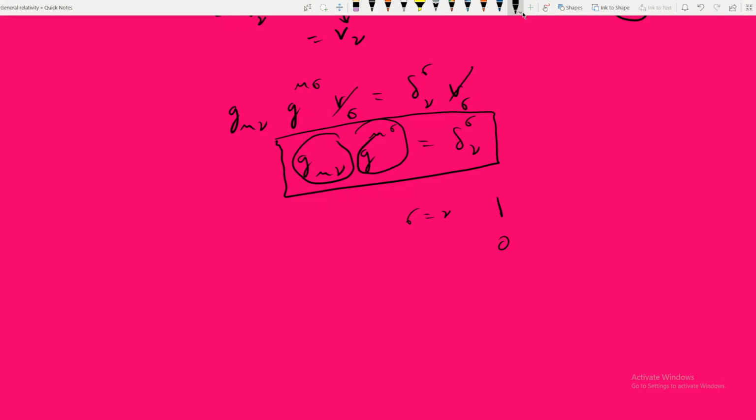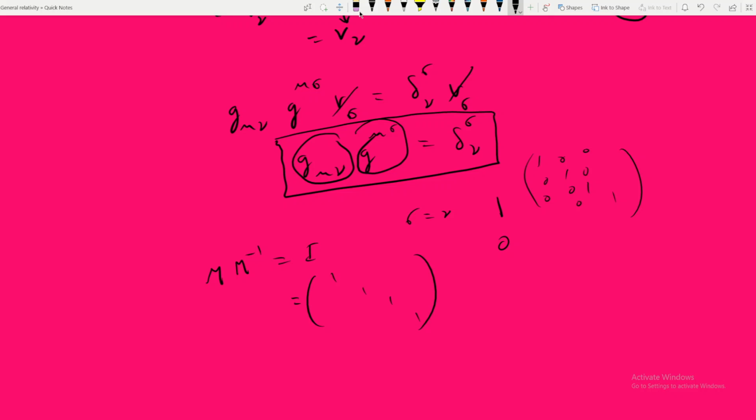Well, we know that say a matrix M times its inverse M inverse is just the identity matrix. What is the identity matrix? Well, it's just 1s diagonally, and other components are just 0. So when sigma is equal to nu, that means we have this diagonal full of 1s, and when they are not equal, those are zeros, right?